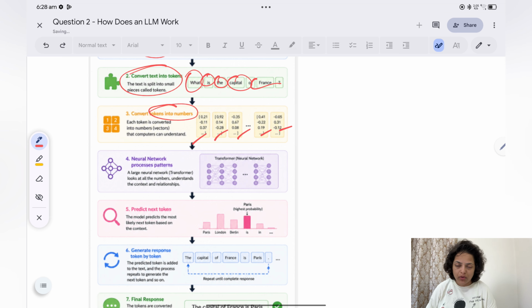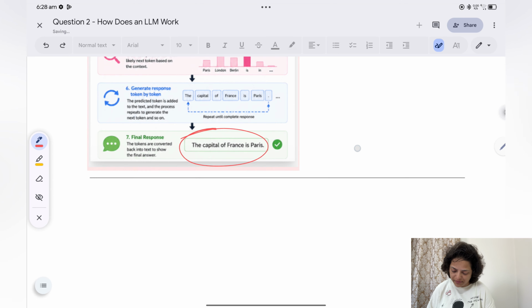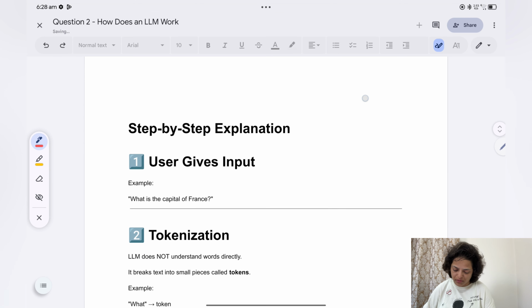Then it goes to the neural network, which processes the pattern. You can say a transformer is a large neural network. It looks at all the numbers, understands the context and relationships, predicts the next token, and generates the response token by token, like "The capital of France is Paris". Then you get the final response. This is the normal flow of an LLM.